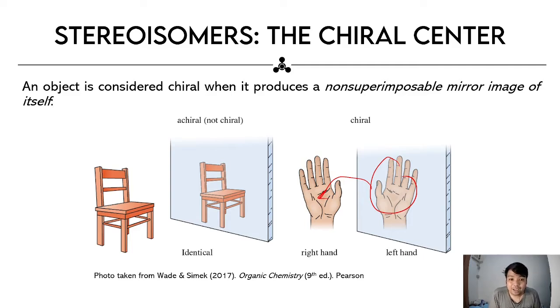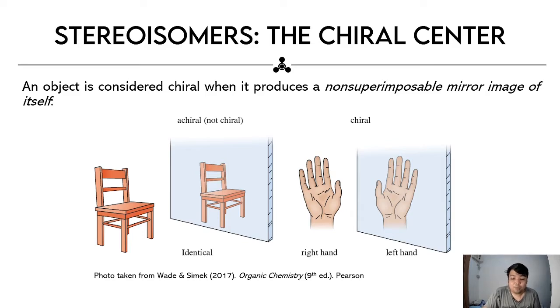Now, we say that our hands, be it the right or the left, are what we call a chiral object, because it produces a non-superimposable mirror image of itself. That means that when you superimpose the mirror image to the original image, there will be a mismatch, so the overlap will not be perfect. Compared to an achiral object, such as the chair, if you superimpose its mirror image to the original image, the overlap would be perfect. Okay.